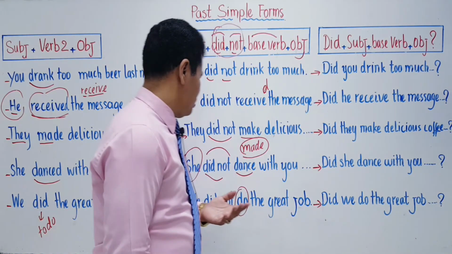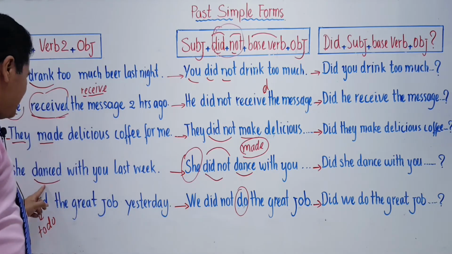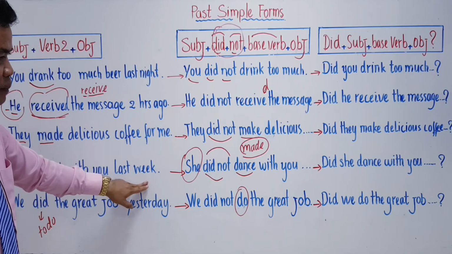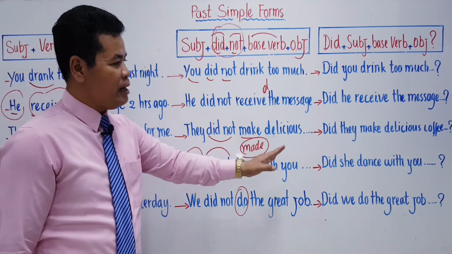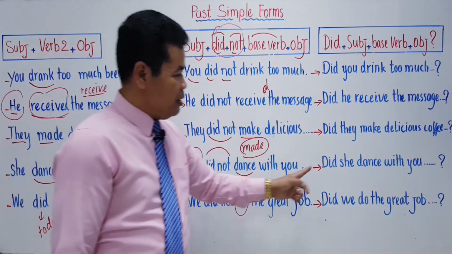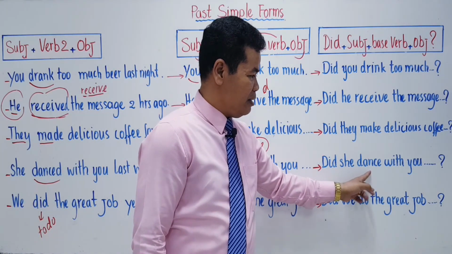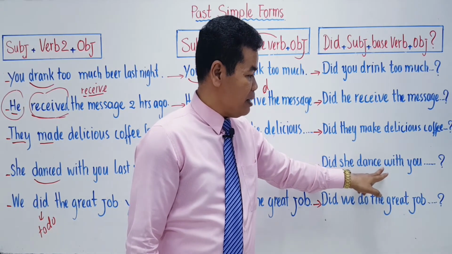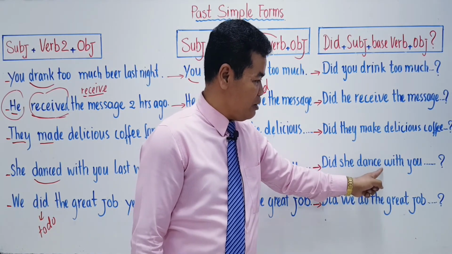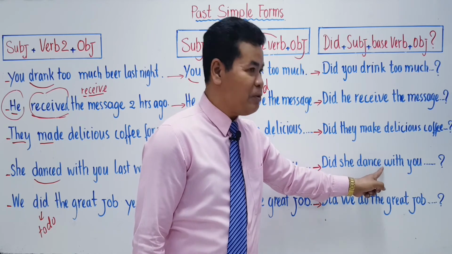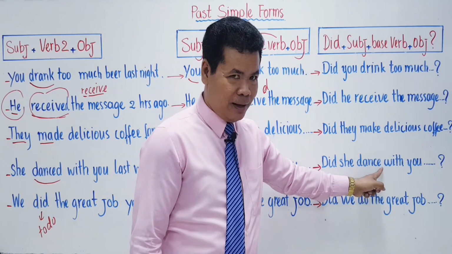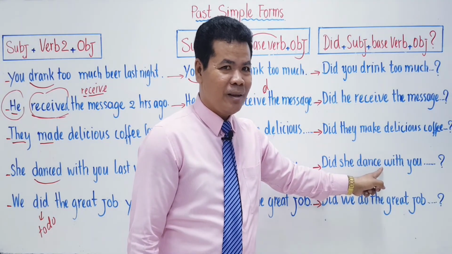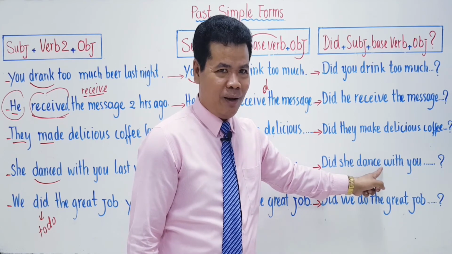Now, let's go to the next one. "She danced with you last week." And then we go to the question. Did she dance? So there is no D here. Then dance. No D, right? When we put D, everybody can understand. But it is grammatically wrong.